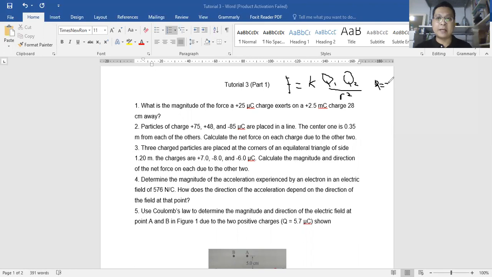microcoulomb. And then Q2 is positive 2.5 microcoulomb.